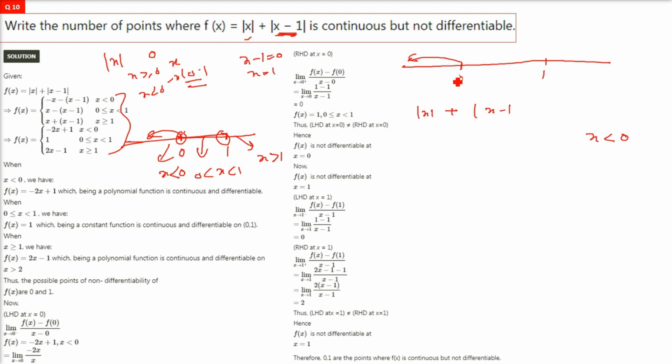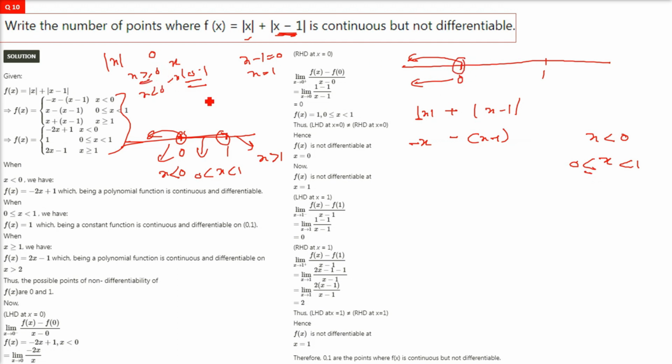So modulus x will be negative x, because of course below 0 mod x is negative, and below 1 modulus x minus 1 is negative. So it will be negative x minus 1. When we are between 0 and 1, see, we always take the equality here.